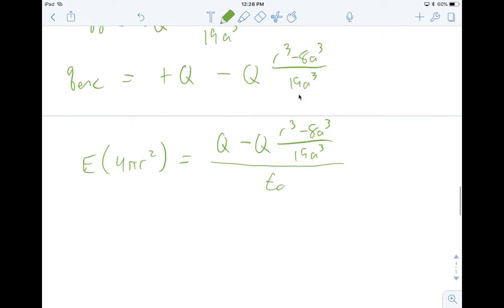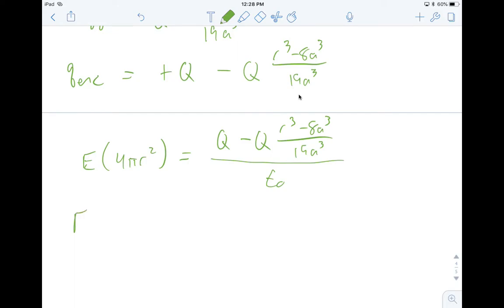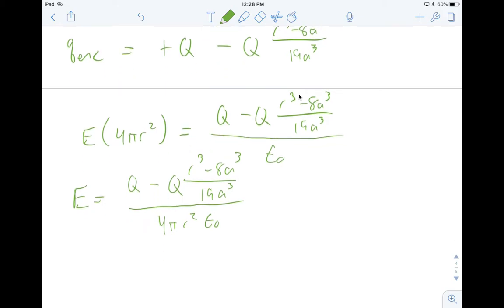Solving for E, we get Q minus Q times r cubed minus 8a cubed divided by 19a cubed, over 4 pi r squared epsilon naught. You could simplify this. The scoring guide for this problem looks a little different because they did simplify, but I would not risk simplifying any further than this. So I would just leave it like this. All right.